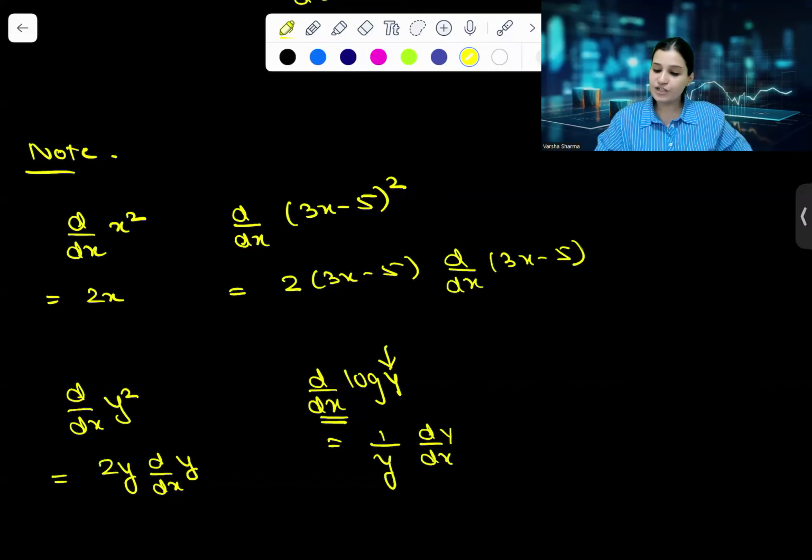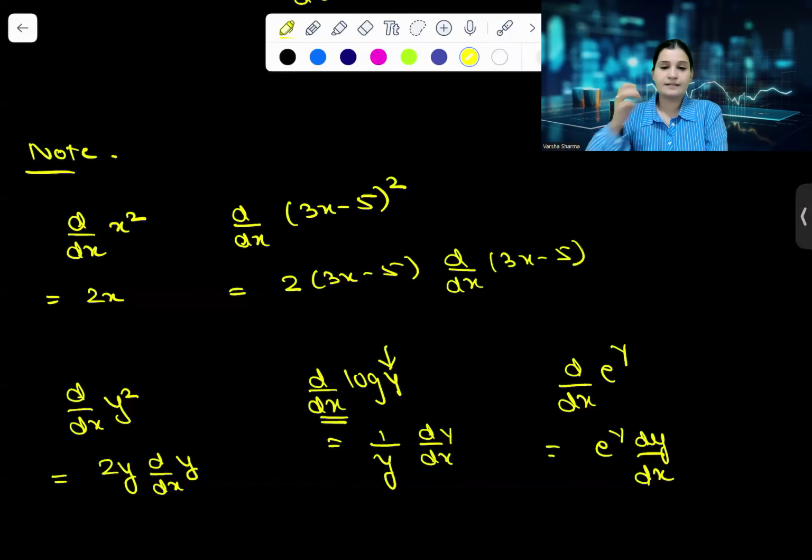Whenever we differentiate a term which has y, normal differentiation e^x is e^x, but if it contains y, we always end up writing dy by dx. So differentiation of y cube, 3y square dy by dx. Differentiation of root y, 1 by 2 root y dy by dx. Clear?